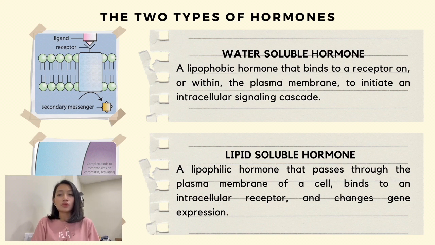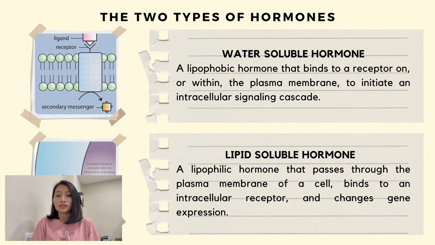Examples of water-soluble hormones are adrenaline, noradrenaline, thyroid-stimulating hormone or TSH, and human growth hormone or HGH.